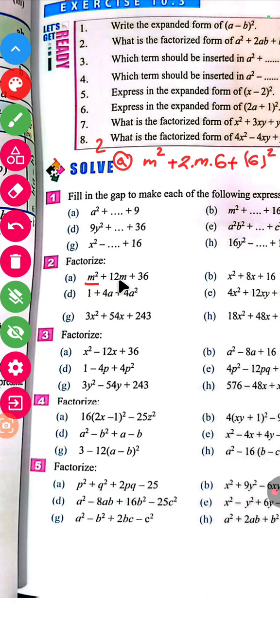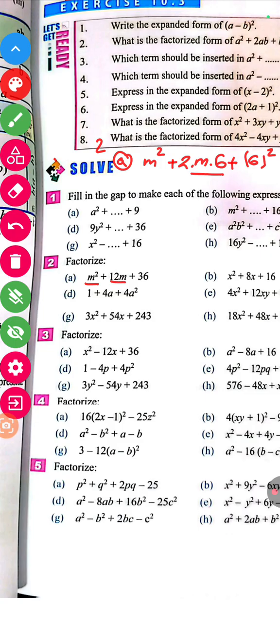Once we have done it, we have to check whether the middle term we get matches the term which is given in the question or not. If it is given, we are correct. If it is not given, there is some mistake, or we are going the wrong way, and it cannot be factorized by this perfect square method.